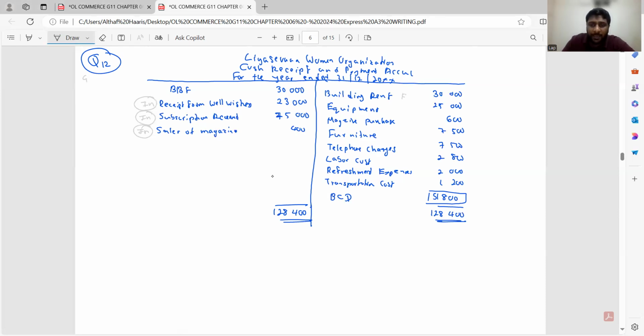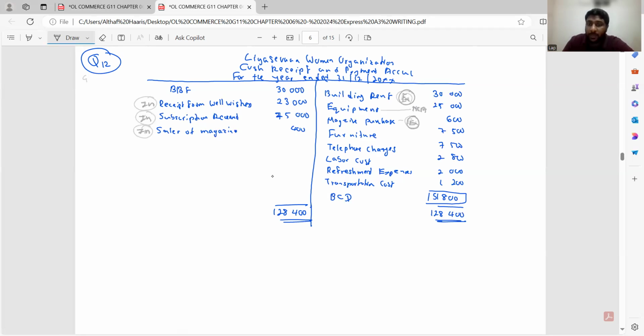Building rent, expense connected thing. Equipment, people, is a non-current asset. Mark it as a non-current asset. Magazine purchase, expense related thing. Equipment is a non-current asset, don't take that.